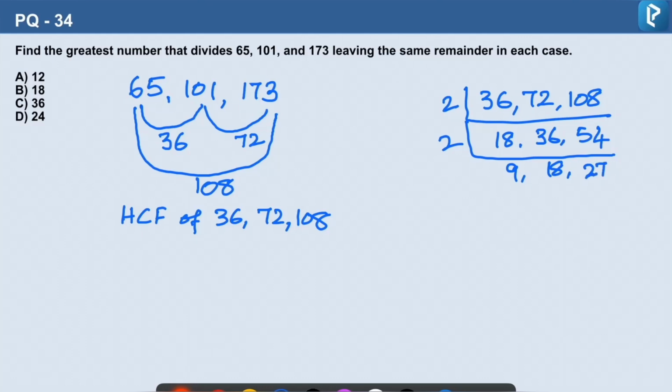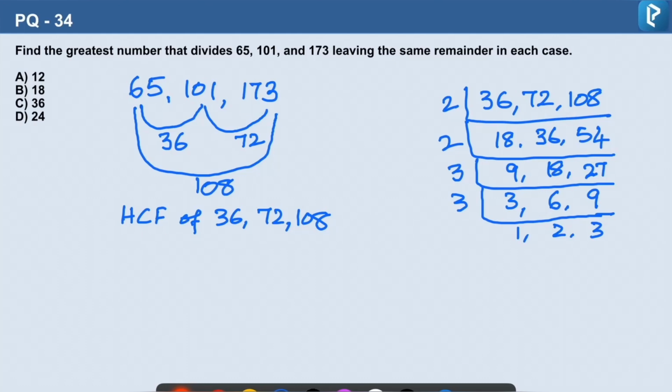Now 2 cannot divide 9 and 27, so all the three numbers are divisible by 3 here. Divide all the three numbers by 3: 3, 6, 9. Again all the three are divisible by 3: 1, 2 and 3 are co-primes.